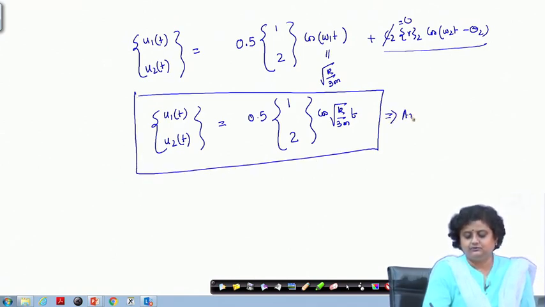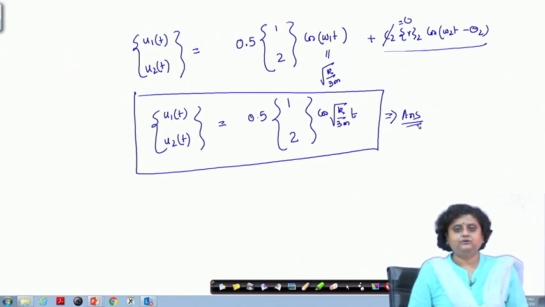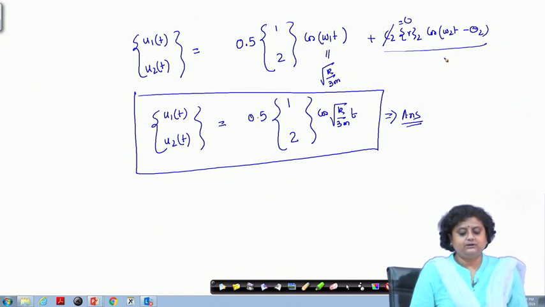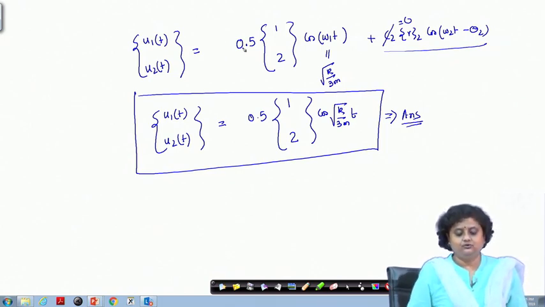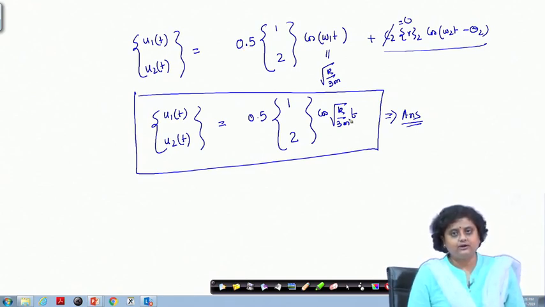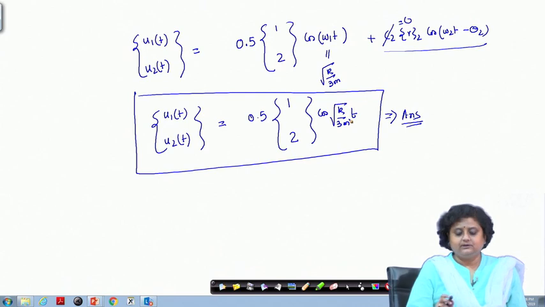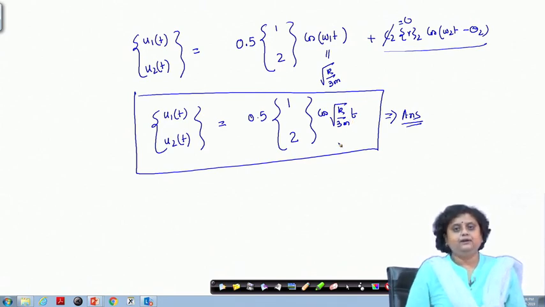This is the answer. Now, physically what does this imply? C2 equals to 0 implies that my second normal mode is not participating in the motion. So, the free vibration in this case is essentially only the first normal mode. Therefore, the response is going to be a sinusoidal function with the frequency being the first natural frequency of the system.